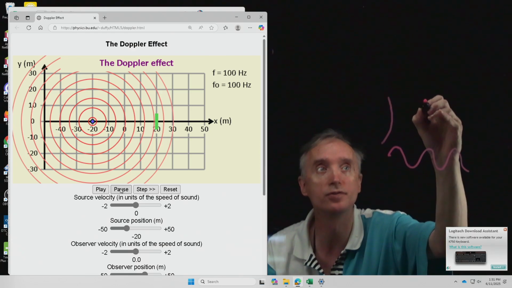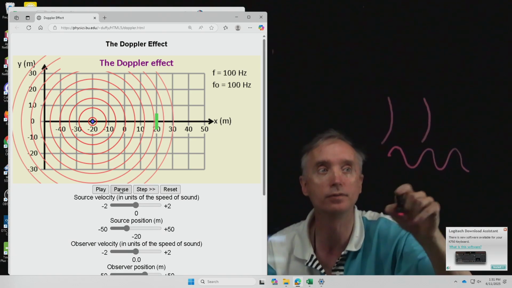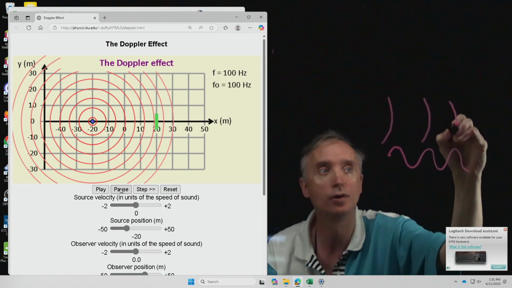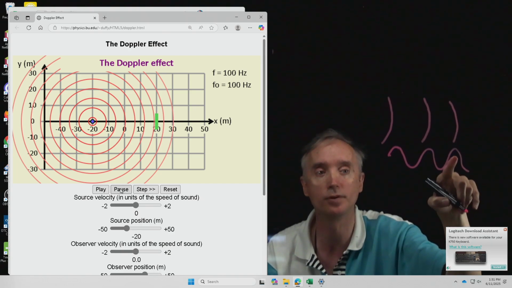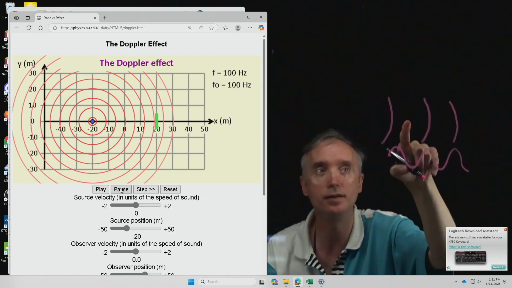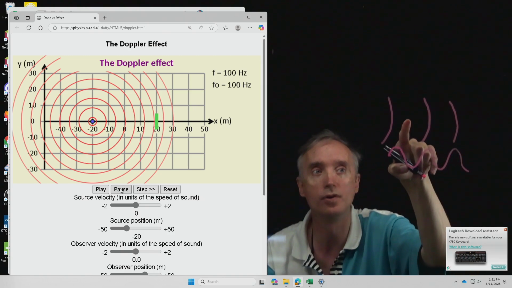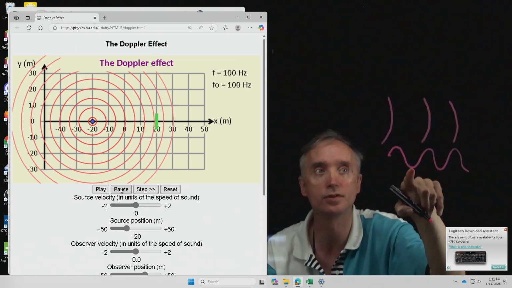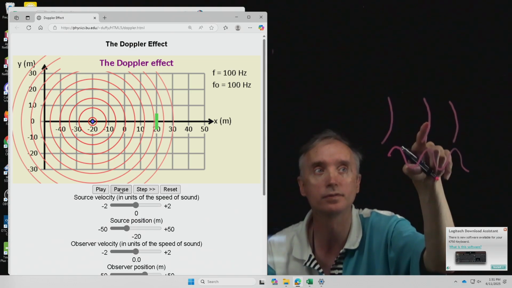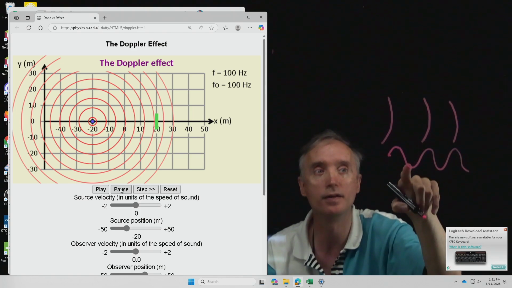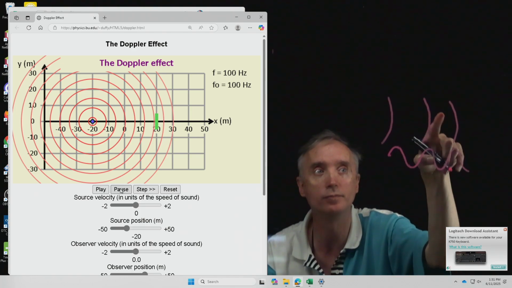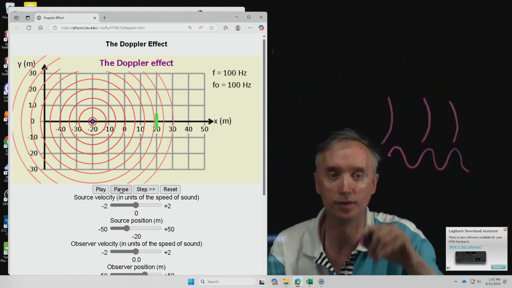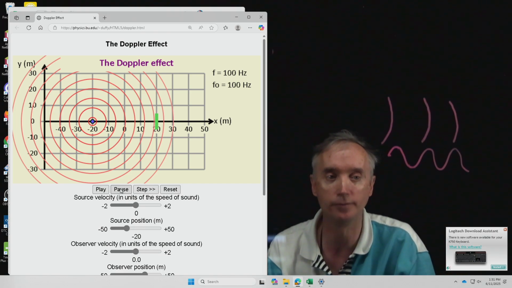And then there's another line right here, maximum amplitude, and then there's a line right here, maximum amplitude. And then in between, those would then be the troughs. So you have crests are the red lines, and then troughs would be halfway in between each of those. So that's what those circles represent.